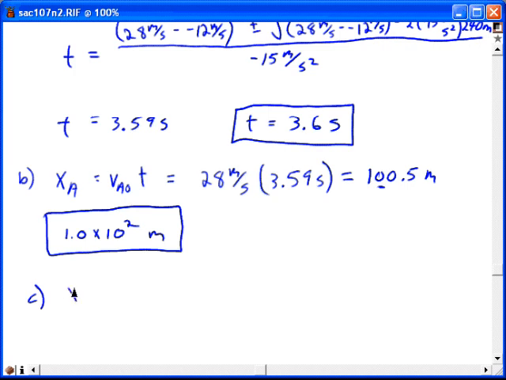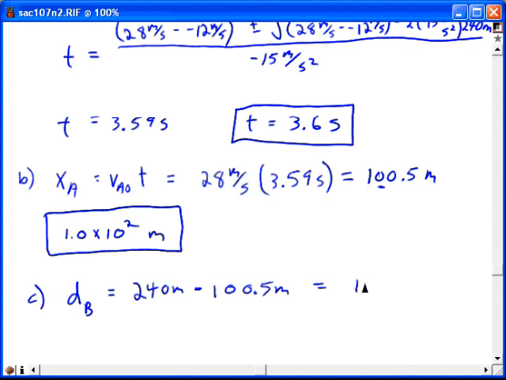I'll call it XB. Better not call it XB. So distance traveled by B is equal to the magnitude of its initial position, the 240 meters, minus the distance that it traveled there.